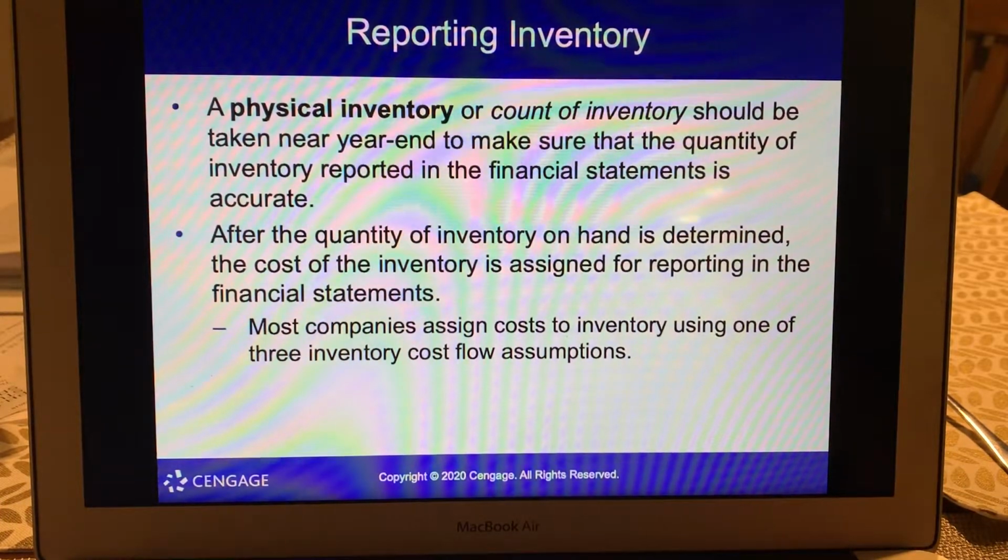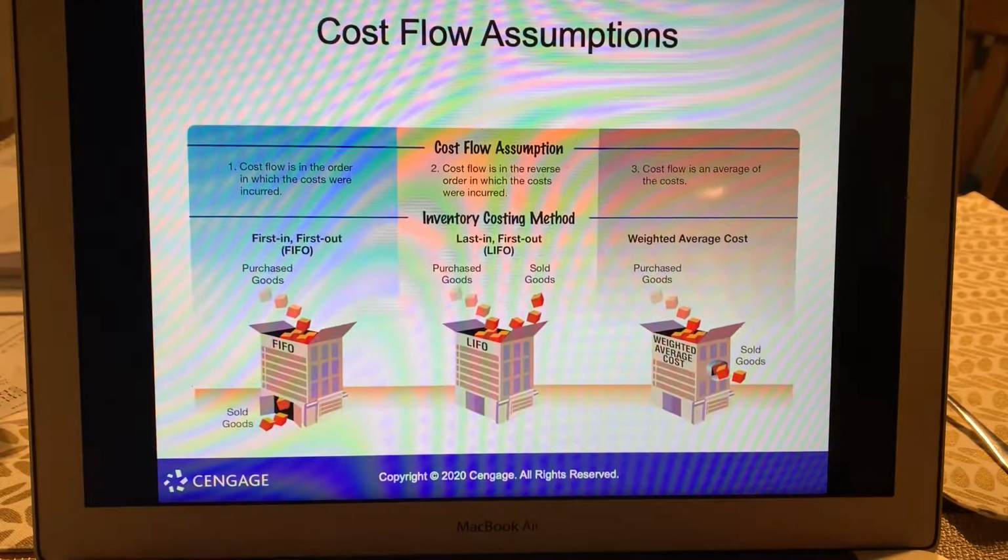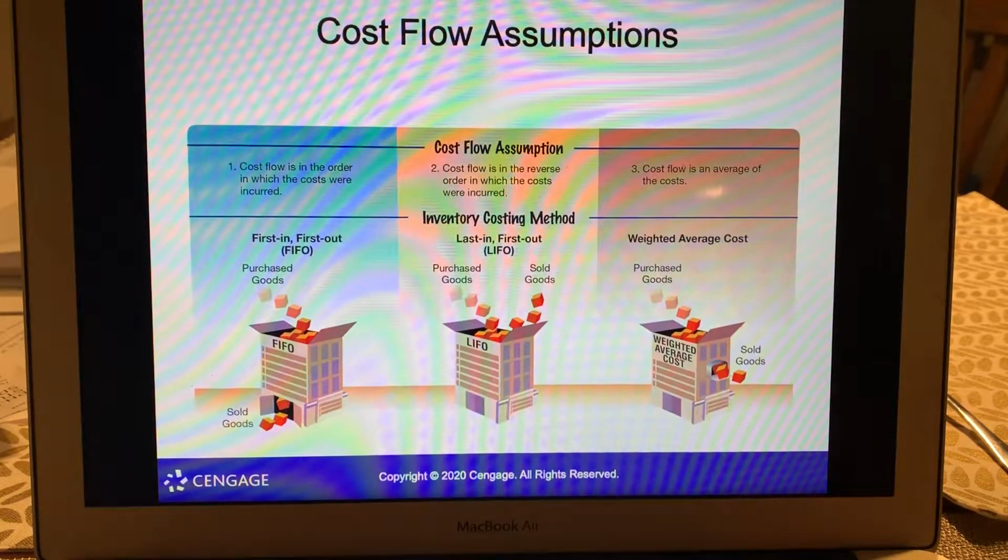After the quantity of inventory on hand is determined, the cost of inventory is assigned for reporting in the financial statements. Most companies assign costs to inventory using one of 3 inventory cost flow assumptions. FIFO is first in, first out: the cost flow is in the order in which the costs were incurred.